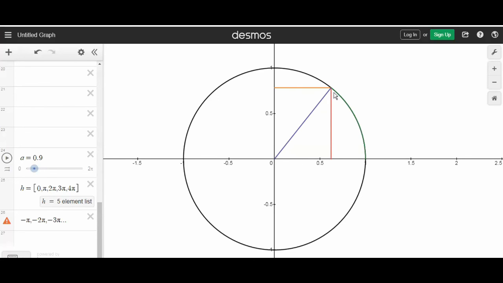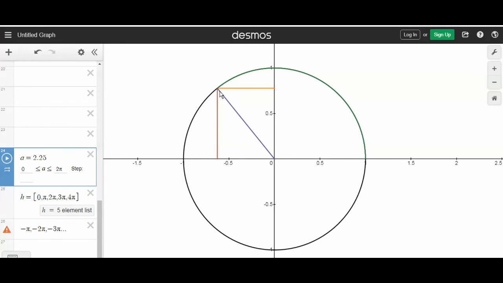We know that that line has a slope that's rise over run. That's what we probably learned. So we just have the rise, which is this height, over the run, which is this distance, which is the same as this distance. In order to determine the slope of this line, we simply take the sine and divide it by the cosine. And that gives us what slope we'll have whenever we travel some number of radians around.